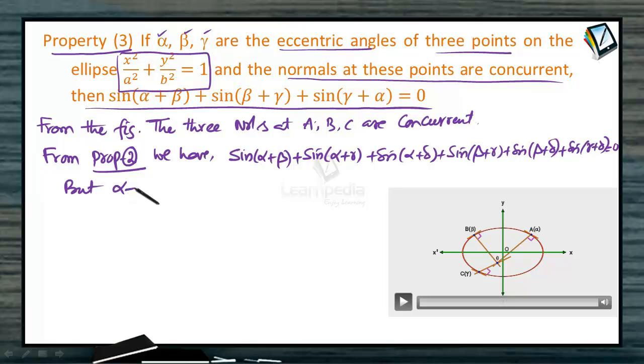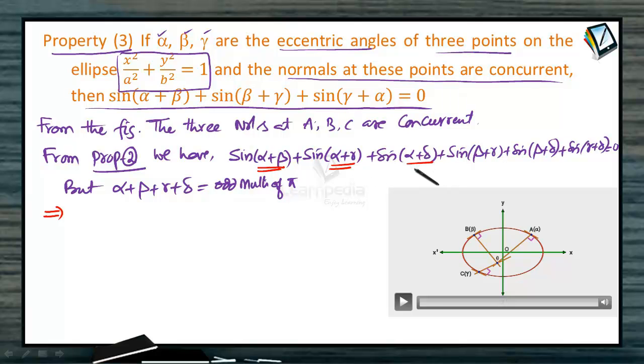But alpha plus beta plus gamma plus delta is already an odd multiple of 180. So what I require is only the terms till alpha, beta, gamma. Wherever I find delta, I would like to replace it in this way. Here alpha plus beta and alpha plus gamma are fine.